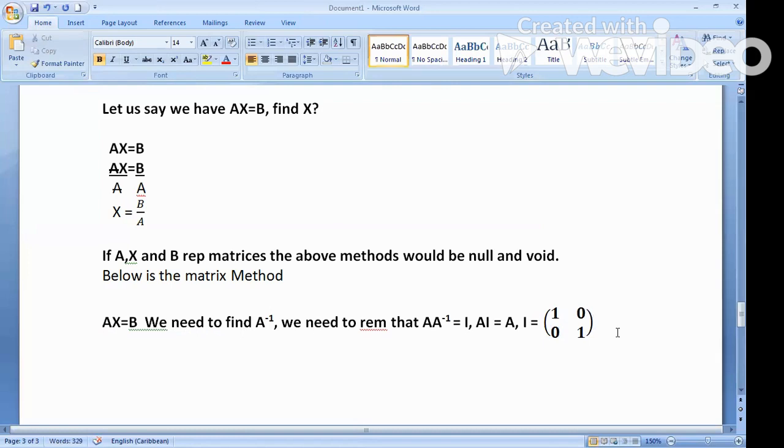That's I. And you remember when you multiply I times anything, it gives you back the same thing. And last week we also showed that the original matrix times its inverse gives you I. Any questions?